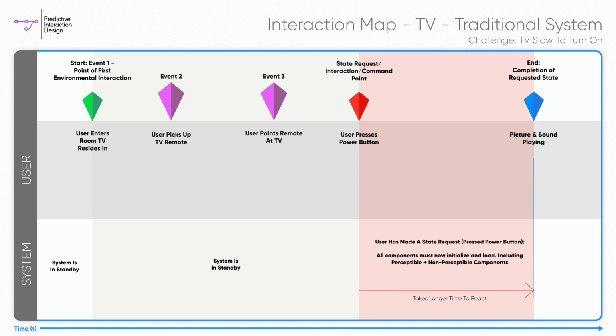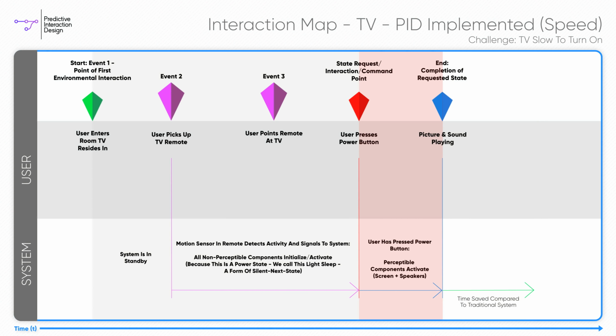Now, let's look at this interaction map with predictive interaction design implemented. So now what you can see here is that, again, when the user enters the room the TV resides in, nothing happens. The system is still in standby. Then after event 2 here, where the user picks up the TV remote, a motion sensor has been integrated into the TV remote that detects activity and signals to the system that it should enter silent next state.